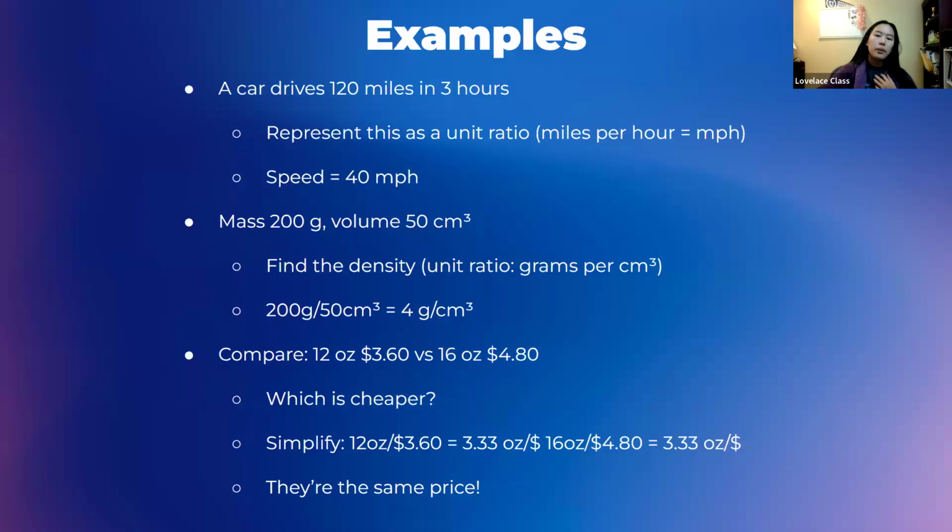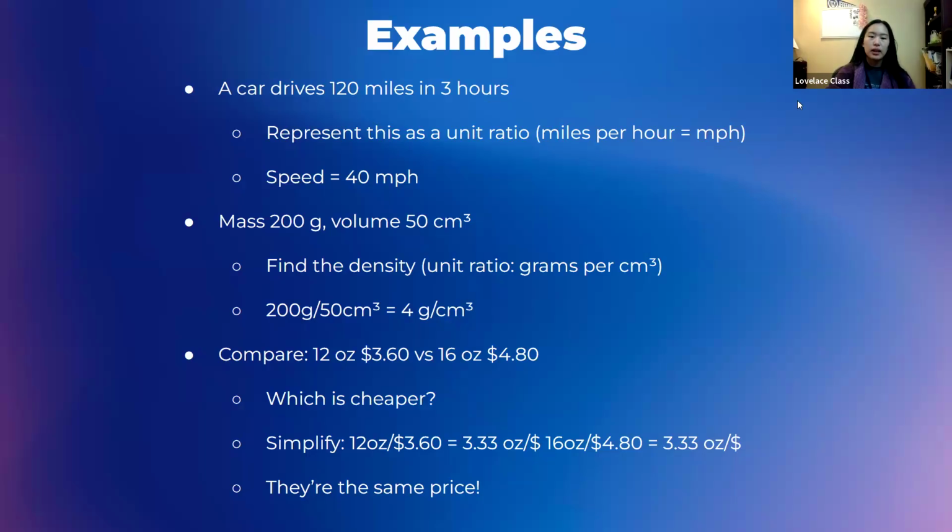For some basic examples, if a car drives 120 miles in 3 hours, we want to represent this as a unit rate, like miles per hour, the common measurement. That's speed, right? So how do we do this?